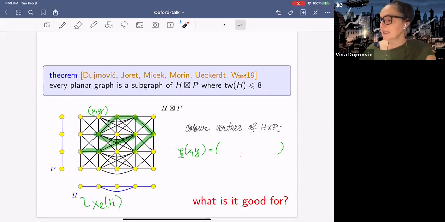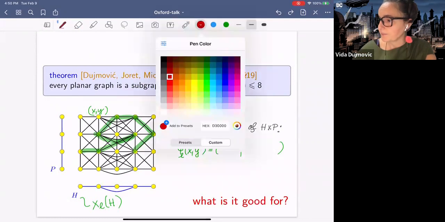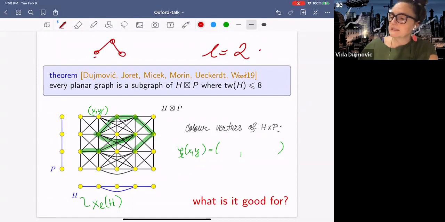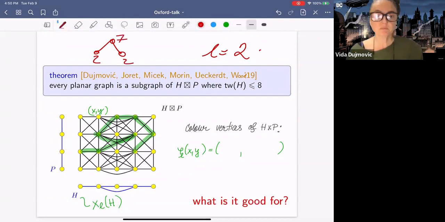Let's take an example where L is 2. All I want is that on a path of length at most 2, either the endpoints have distinct colors, or if these two colors are the same, then this one has to be bigger.